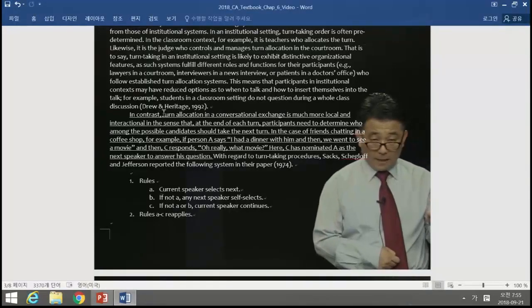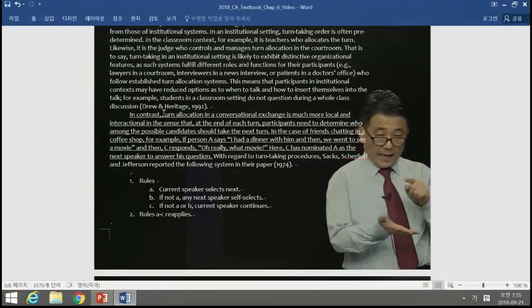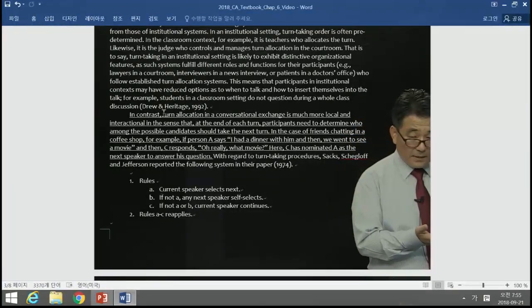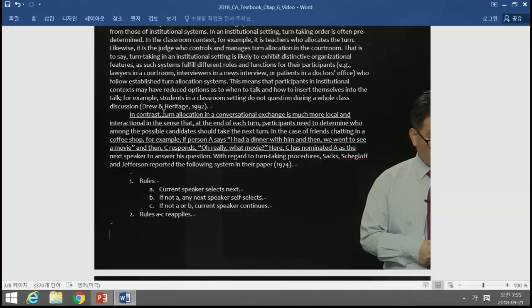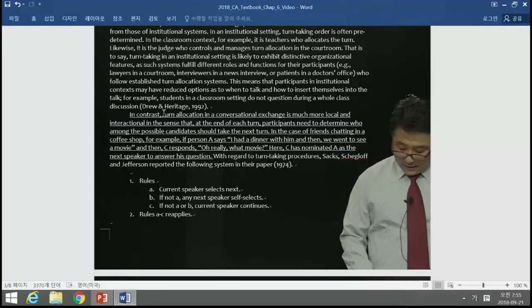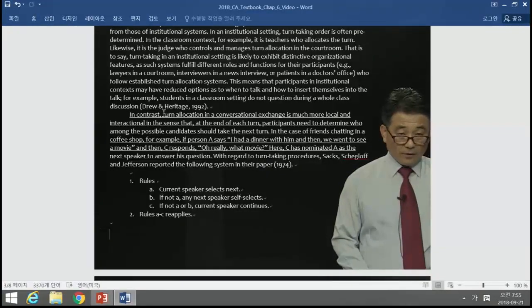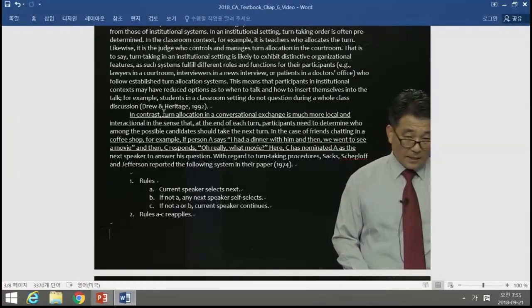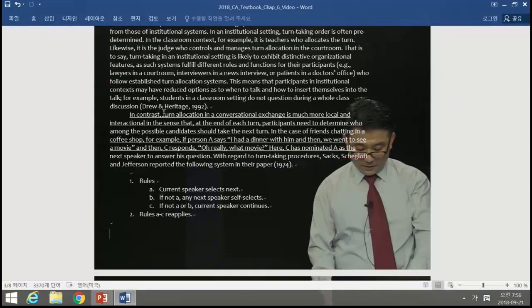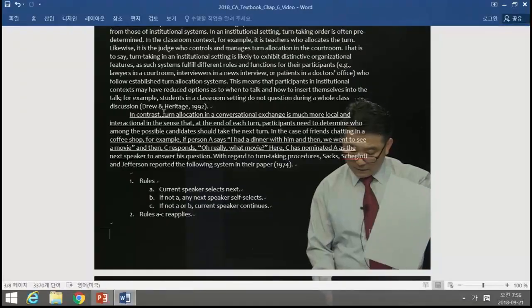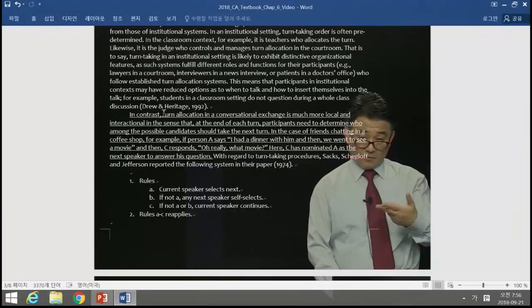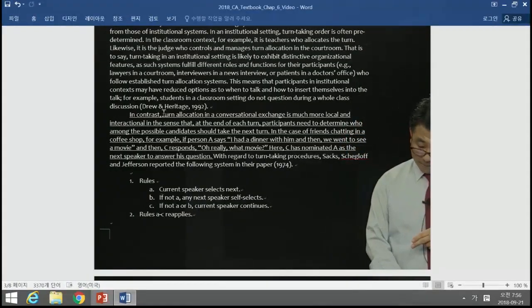If that doesn't happen, which means A doesn't happen and B doesn't happen, then C, the current speaker continues. And rules A through C reapply. If A doesn't happen, B, and if it doesn't happen, then we go to C, and so on. The excerpts on the following pages demonstrate this point.